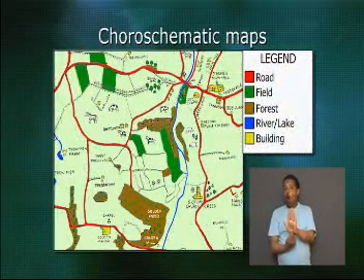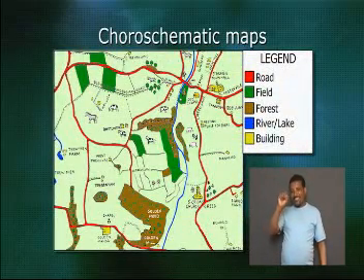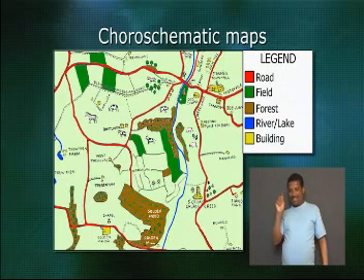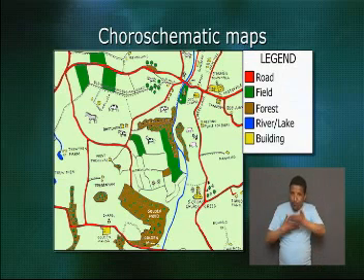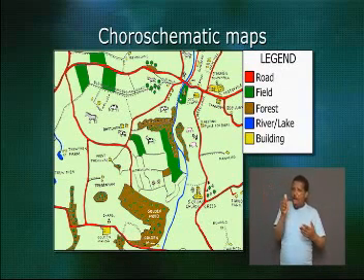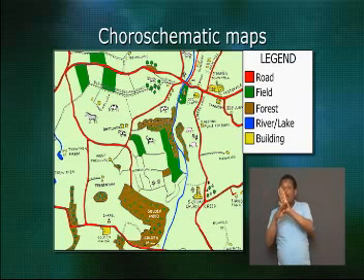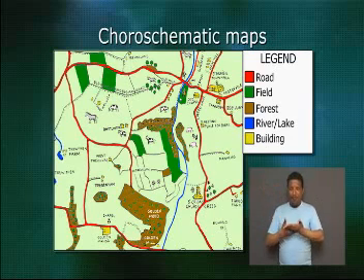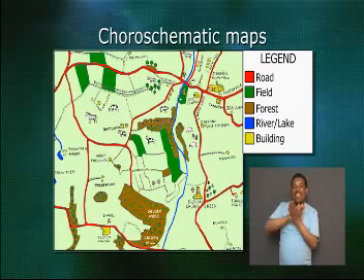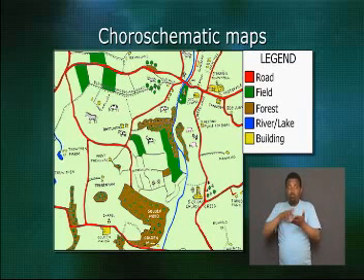A choroschematic map, on the other hand, uses pictures and letters to represent geographical elements.